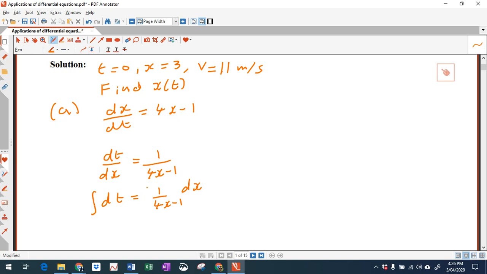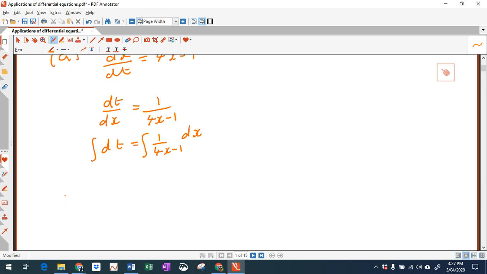So just put your integral sign there. Now the integral of dt, think of this as just a 1 being there. So that's going to be t equals the log of the absolute value of 4x minus 1, and you're going to need a quarter out the front, and we can put a plus c there.